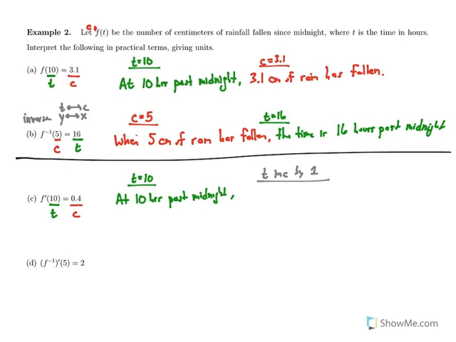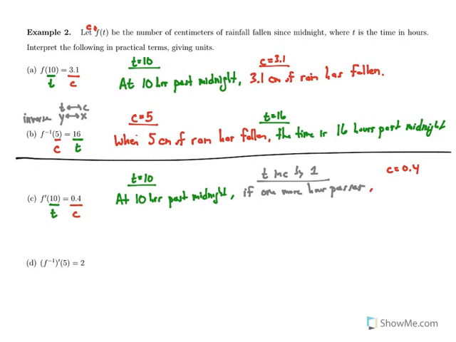So that's going to say at 10 hours past midnight, if 1 more hour passes, and then we're going to say the derivative is 0.4.